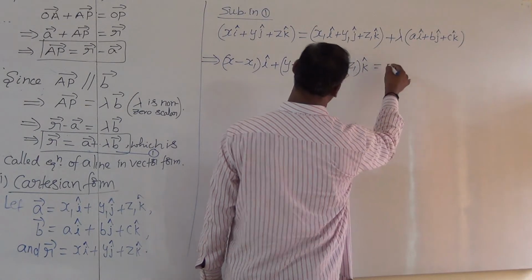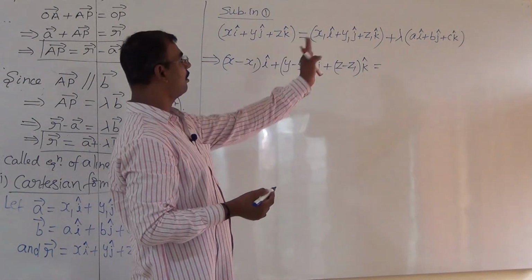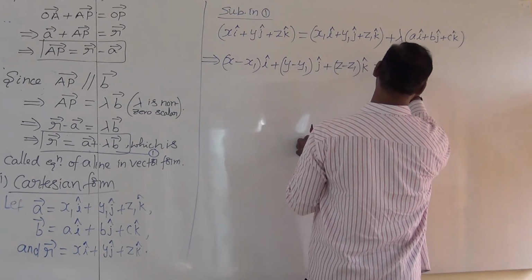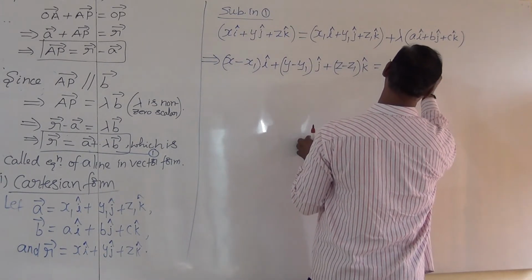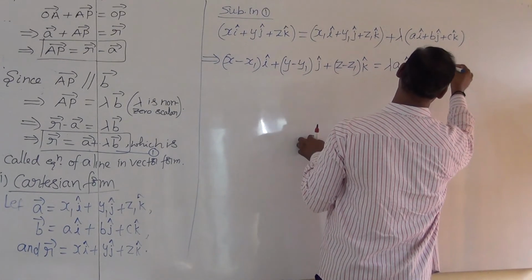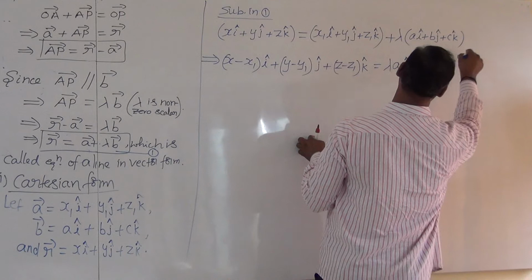What is the rest of the term on the right side? On the right side, lambda times a into i cap, lambda times b into j cap plus lambda times c into k cap.